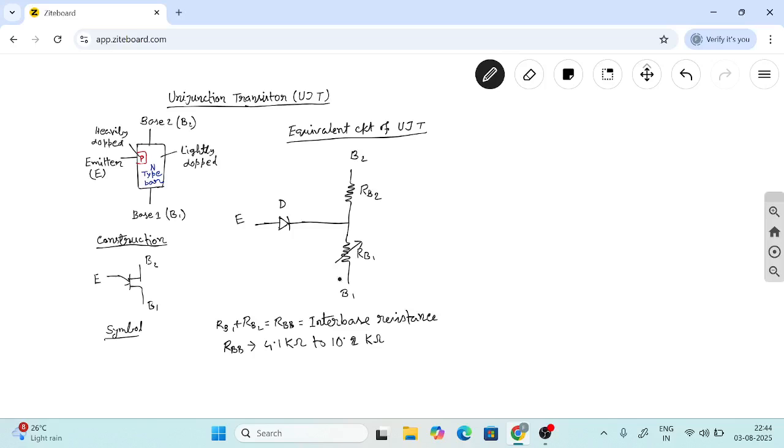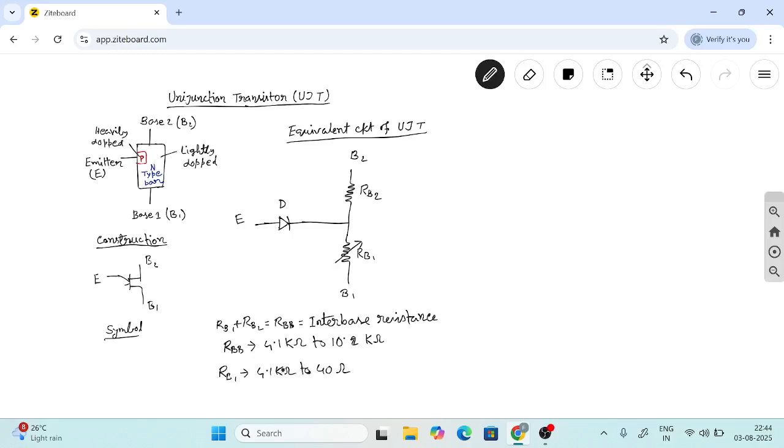Whenever UJT is off, the resistance RB1 is very large, and whenever voltage is applied at point P, conductivity increases, so resistivity decreases and RB1 will decrease. RB1 varies from 4.1 kilo ohm to 40 ohm.